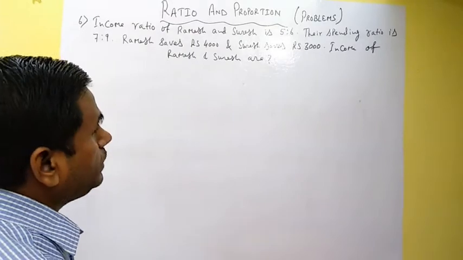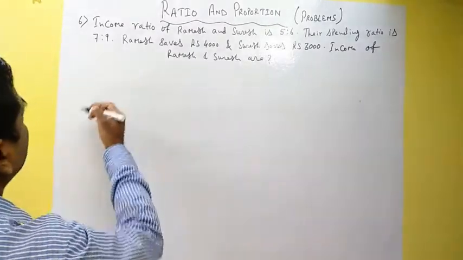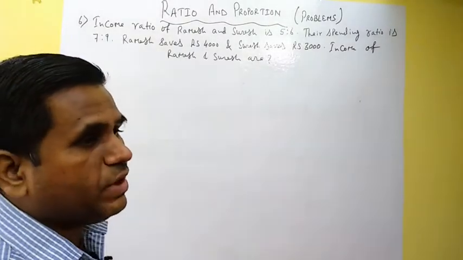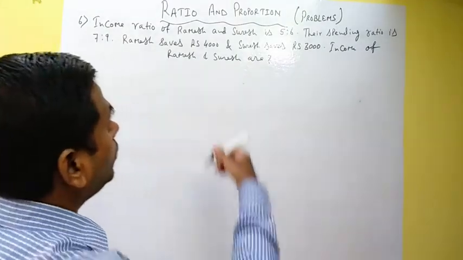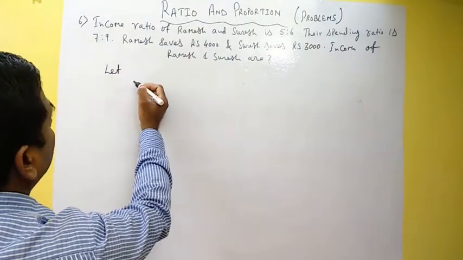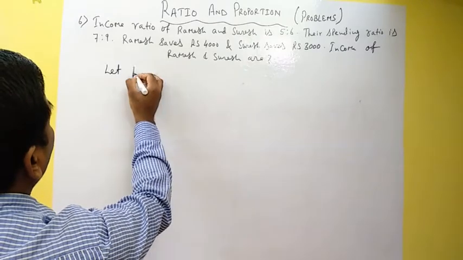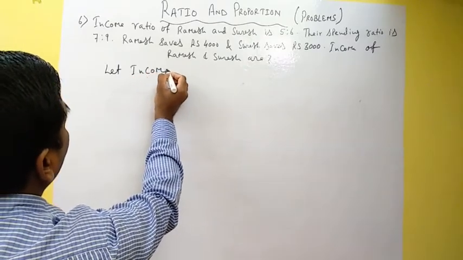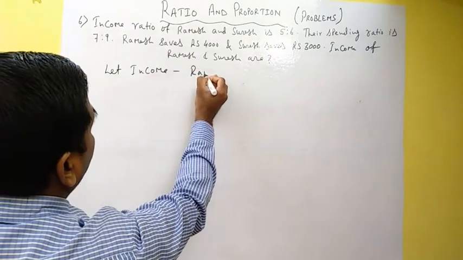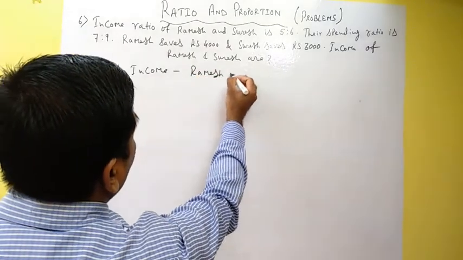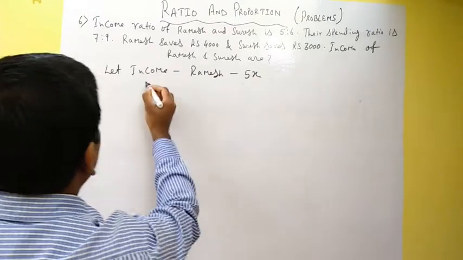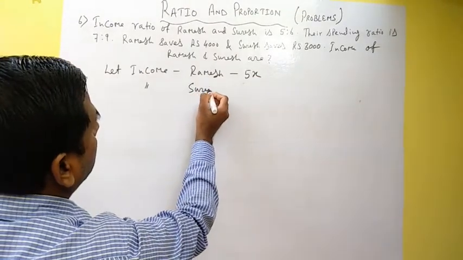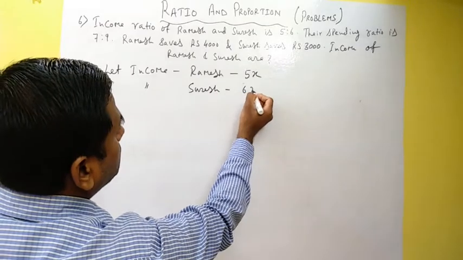So how we will do this is, first we will use the concept wherein we assume the common factor as a variable. Suppose the income of Ramesh is 5x, as 5 is the ratio. Similarly the income of Suresh is 6x.